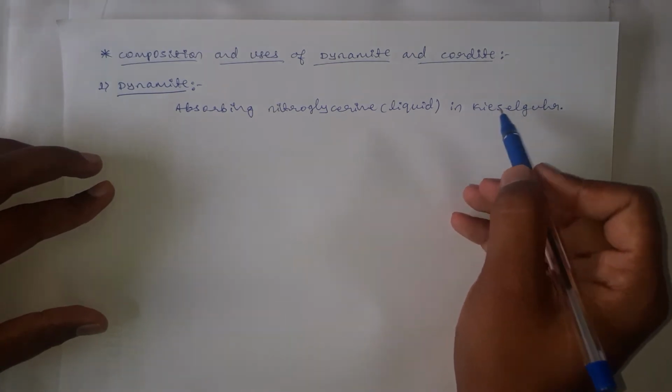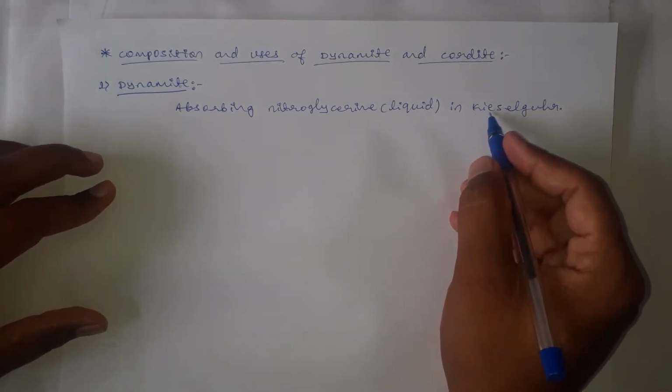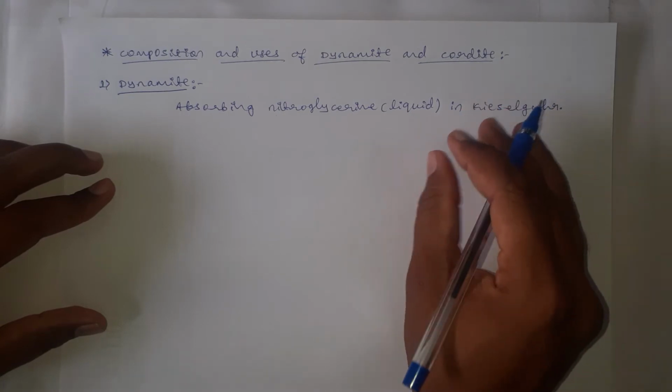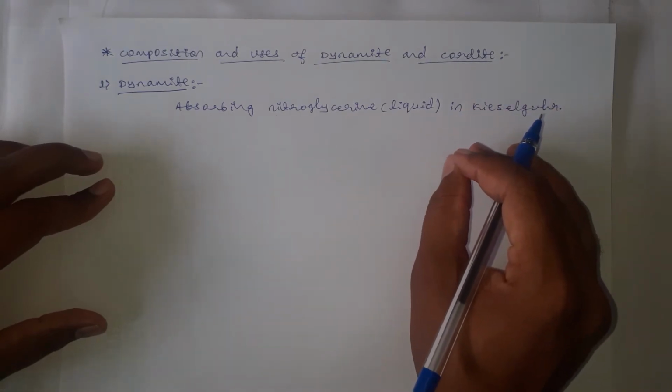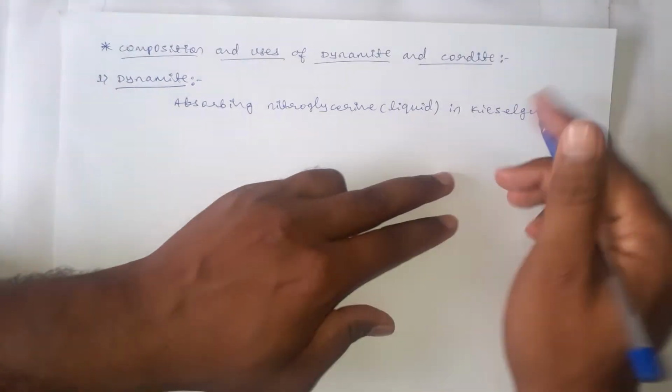What do you mean by Kieselguhr? This Kieselguhr is a naturally occurring soft and white rocky material, and it can act as an absorbent.